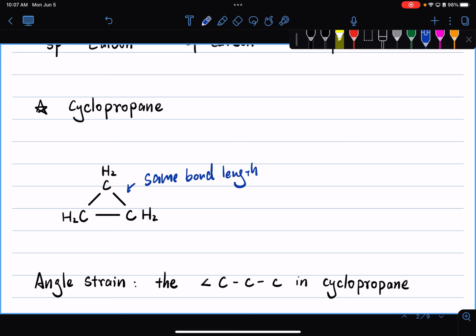It's a 3-membered ring, it is a triangle, or to put it another way, an equilateral triangle, right? All bond lengths are the same, and we're expecting the bond angle in between to be around 60 degrees.